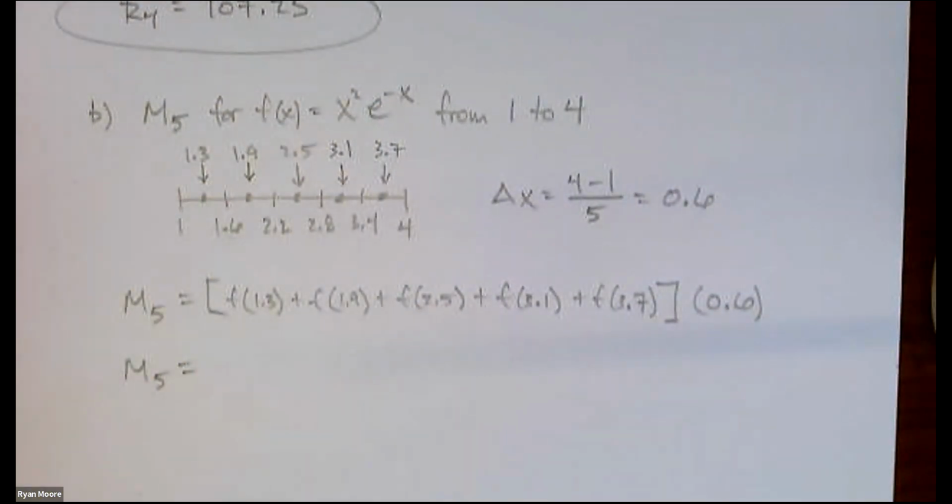Let's see here. 1.3 squared e to the negative 1.3 plus 1.9 squared e to the negative 1.9 plus 2.5 squared e to the negative 2.5 plus 3.1 squared e to the negative 3.1 plus 3.7 squared e to the negative 3.7.